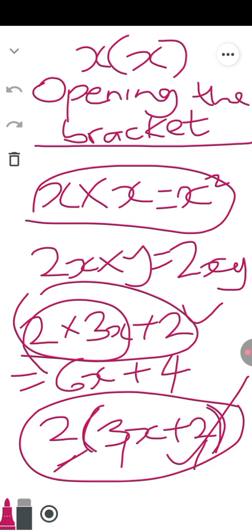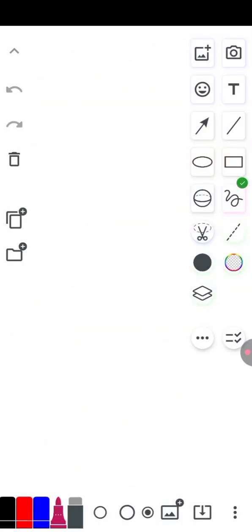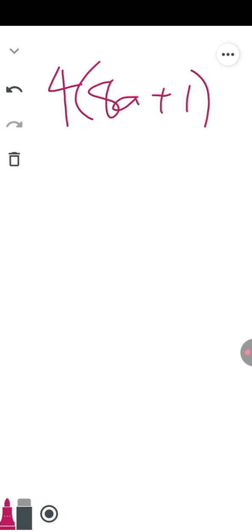Good. So let's try more examples on how to open the bracket. If I say multiply 4 with 8a plus 1, that's the meaning. Multiply 4 with 8a plus 1. So that'll be 4 times 8a.